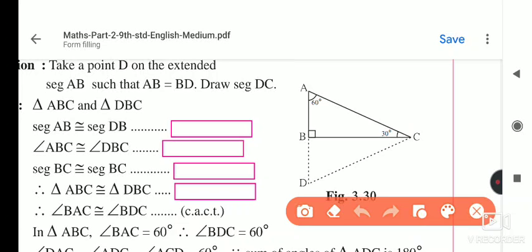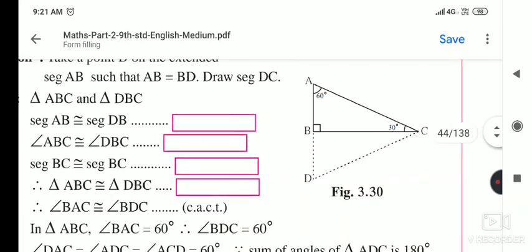AB is congruent to BD, that is our construction. Angles ABC and DBC are both right angles, each 90 degrees, and BC is a common side. So by the test of congruence, these two triangles are congruent to each other.